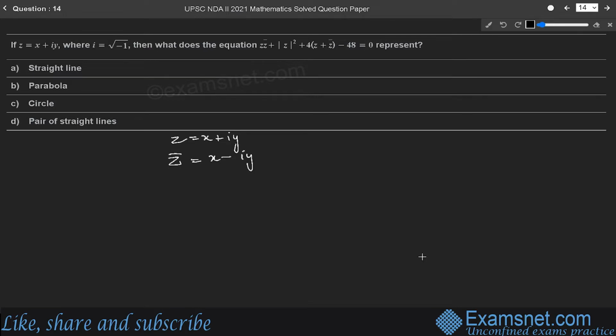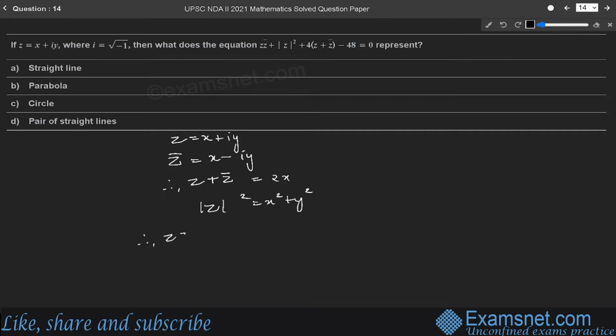Since this is a question from complex numbers, we can say that z plus z bar will be equal to 2x and modulus of z square will be equal to x square plus y square.